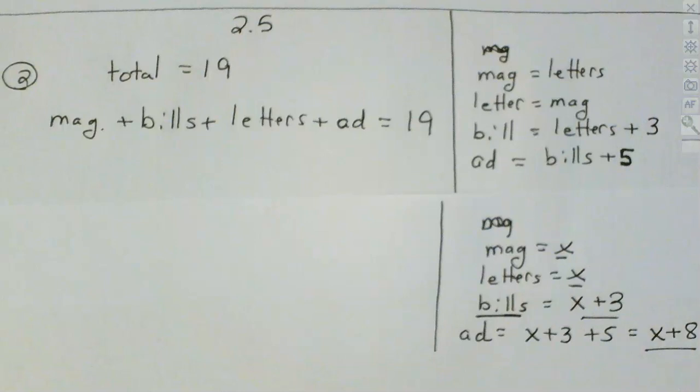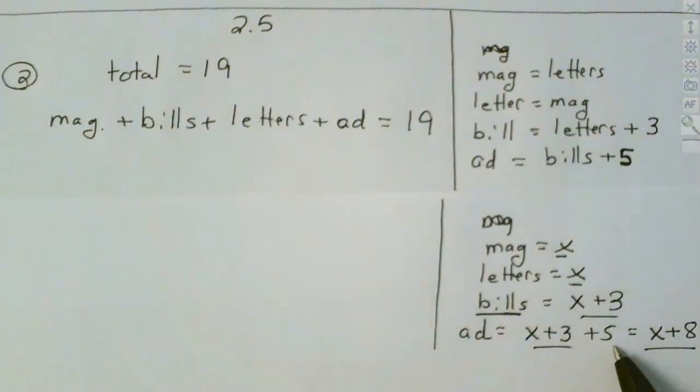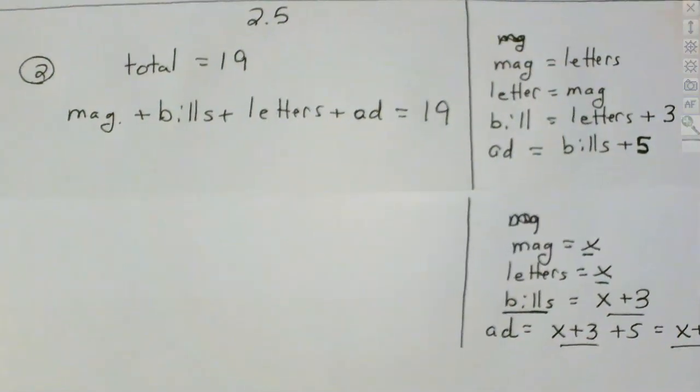What about the ads? The ads are the bills plus 5, right? Now, what are the bills? X plus 3, right? What else do we have to add to that? Plus the 5, so that makes it x plus 8 for my total there. Now we should be able to get our equation and answer the question.